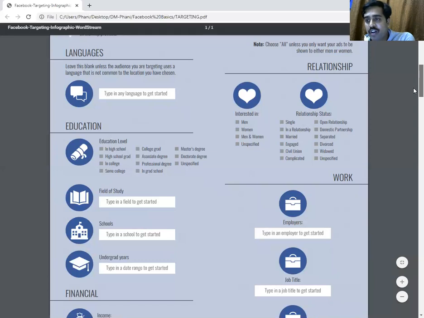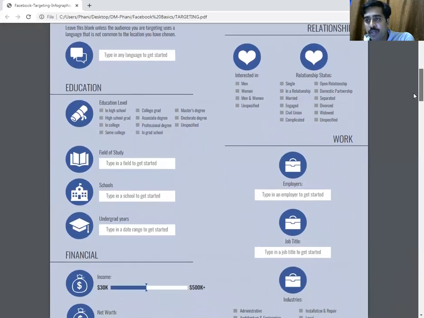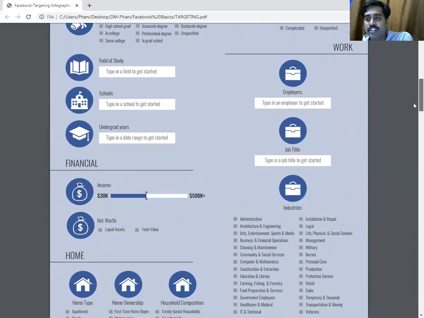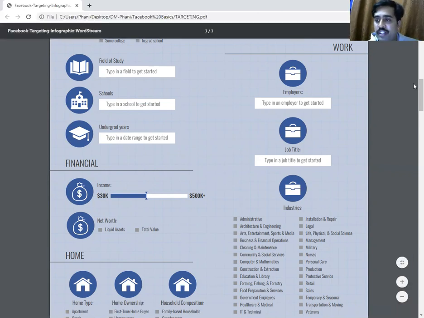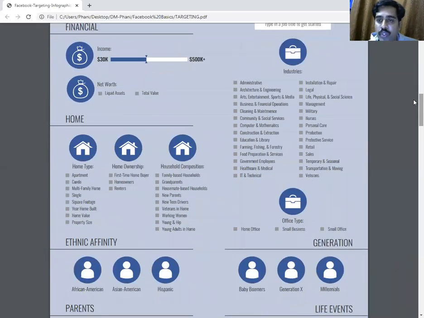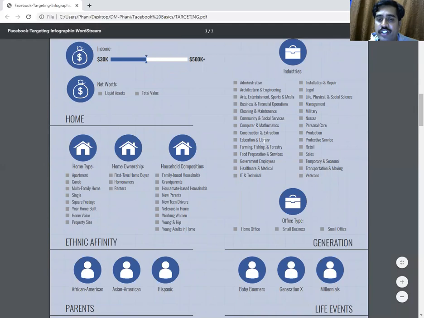If you're looking for a luxurious product, I would recommend you to target people on LinkedIn. And if you're looking for something which is a 300,000 to 500,000 rupees product, you can target people on Facebook. You can also target people basis the income that they earn and the net worth of their total assets. You can also categorize them into different industries.